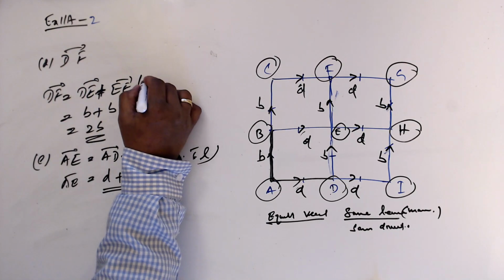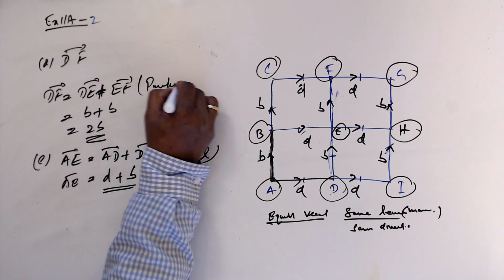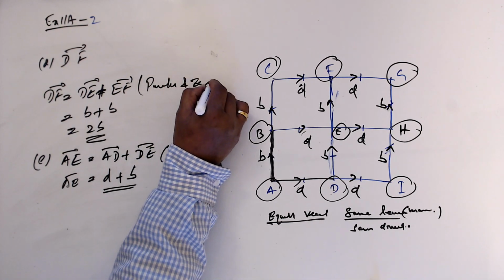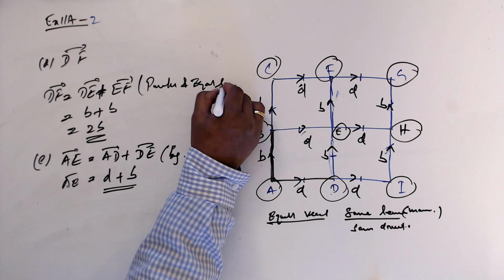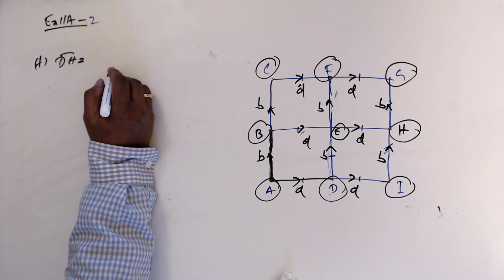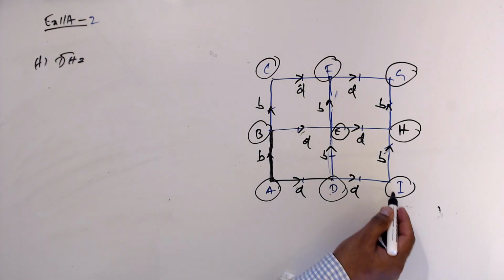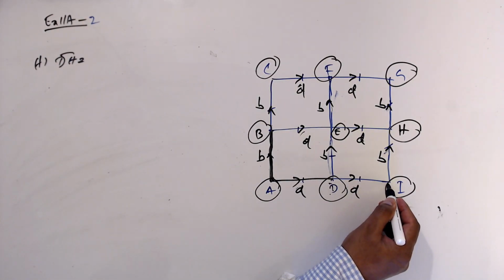Listen for this one. D and EF are parallel and equal length. So DH means the route is DI plus IH.